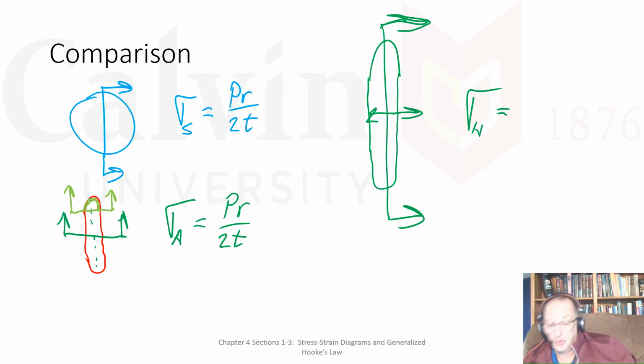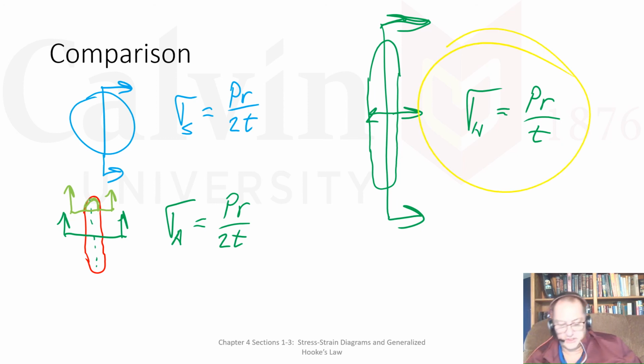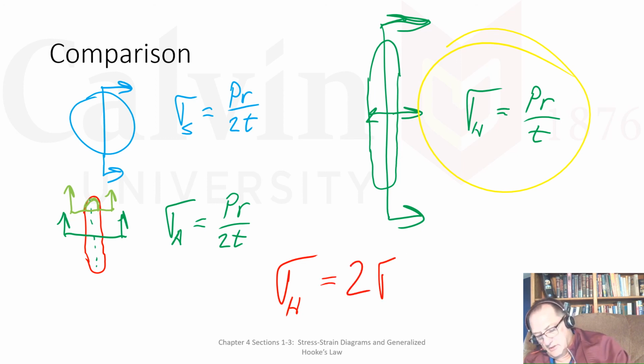It's called hoop. That is PR over T. Now, which is the largest? Well, that's clear. The hoop stress is equal to twice the axial stress. And the reason it's called a hoop is because the way I'm going to solve this problem is I'm going to put hoops around this to help hold that stress in.